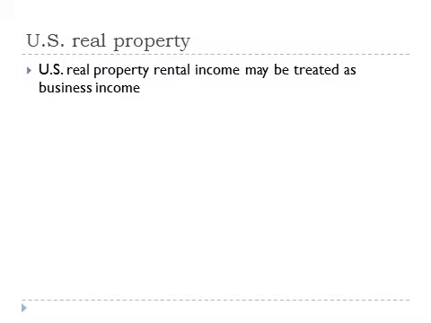In general, U.S. real property rental income that would normally be treated as non-business income may be treated as business income. When it is, the foreign taxpayer is able to deduct expenses against the income for U.S. tax purposes, and the net income is taxed at regular U.S. tax rates.